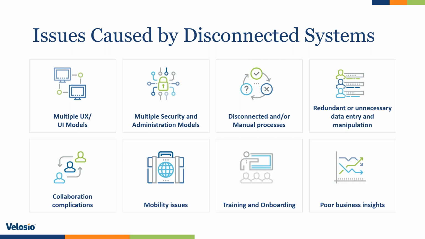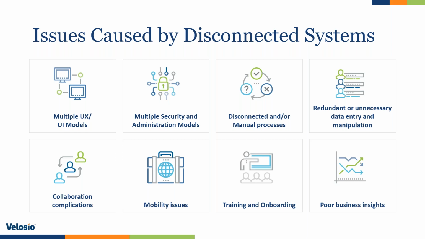And so all of these things sort of come together and really focus on the bottom right image here, which is poor business insights. So we have these issues, but what we're trying to move toward, and what a business is looking for, is to get insights from the things that we're doing, gather data about the processes, and try to understand how we're doing so that we can then make decisions on how best to move forward.